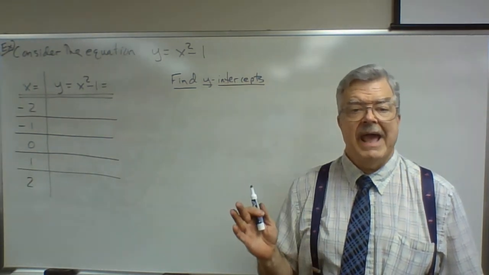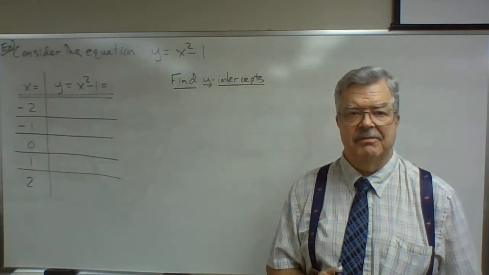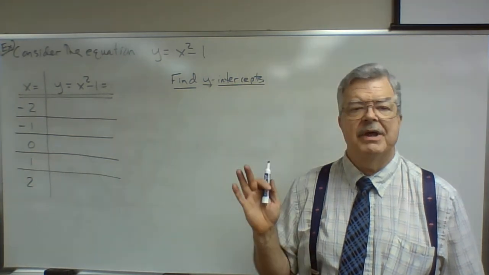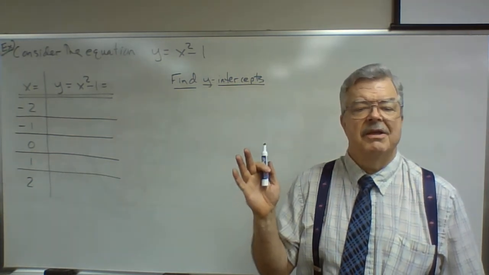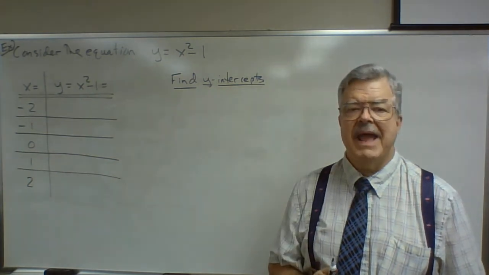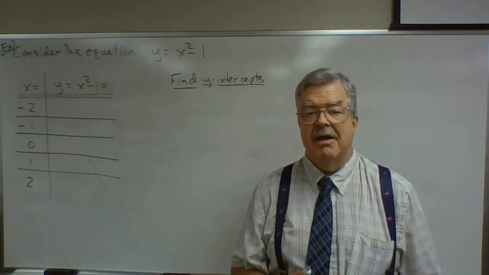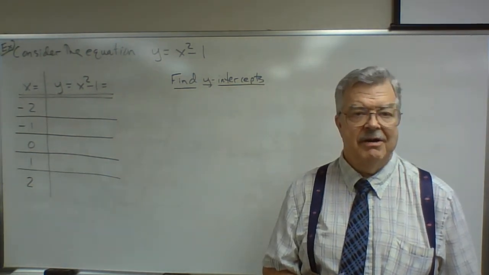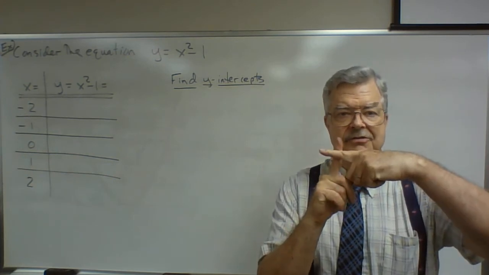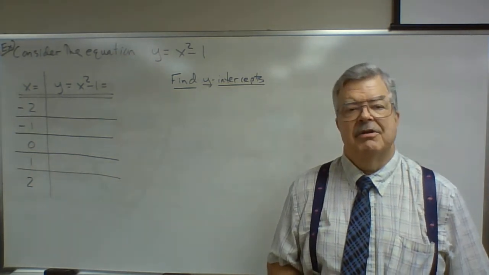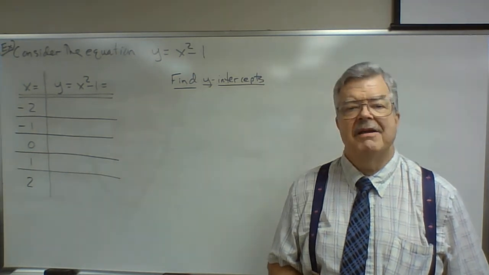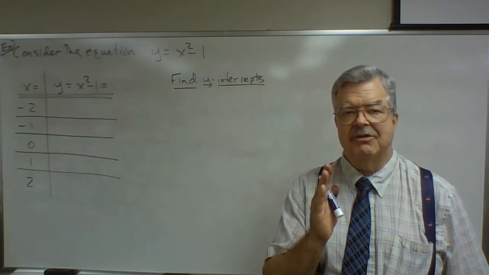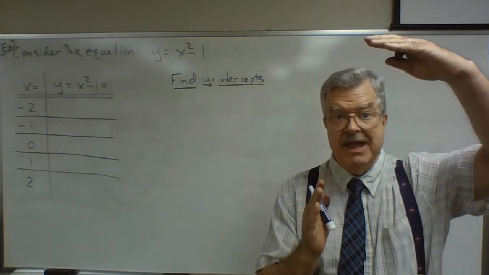And the x and y axes are our frames of reference in the xy plane. Every point in the xy plane is given in reference to the y-axis and the x-axis. For example, the point 0, 0, the origin, is where the x and y-axis intersect. The point 1, 5 is the point that's 1 unit to the right of the y-axis and 5 units above the x-axis.